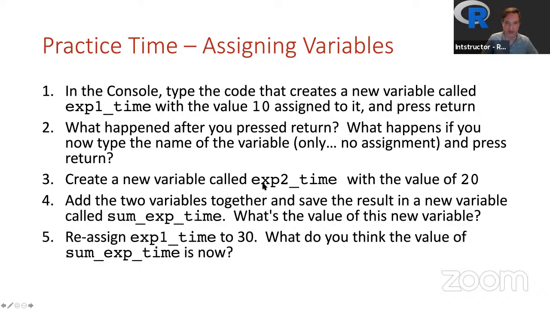Okay, so kind of piggybacking on multiple concepts here, the idea of adding things together, which we did previously, and assigning those results to a new variable. And then I want you to see what happens if you update one of these variables and how it does or does not affect the other variables that you made. Okay, so this one's a little more involved. Let's take 3 minutes or so to go through this.